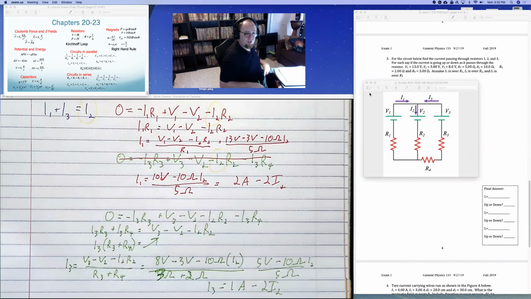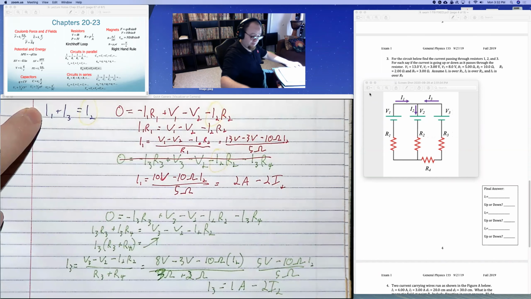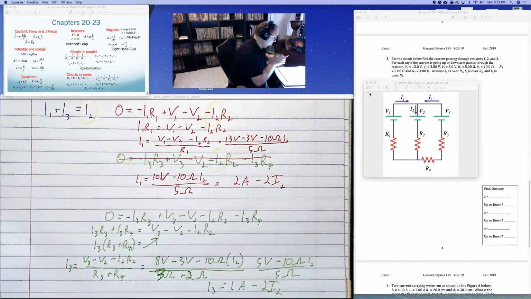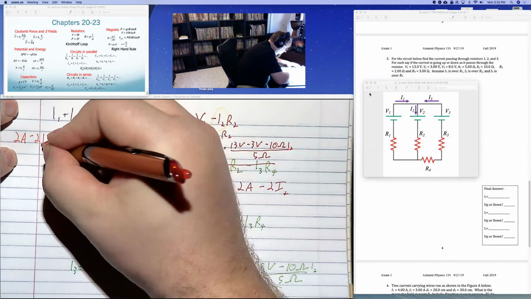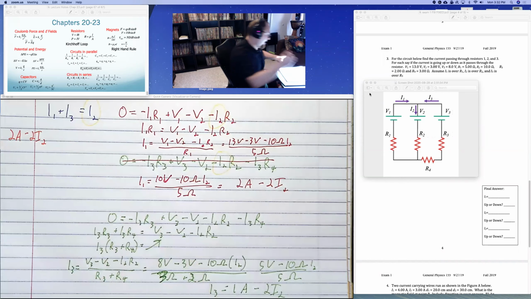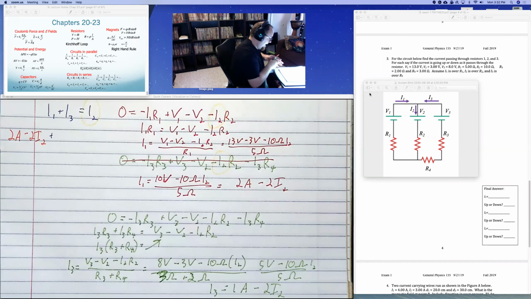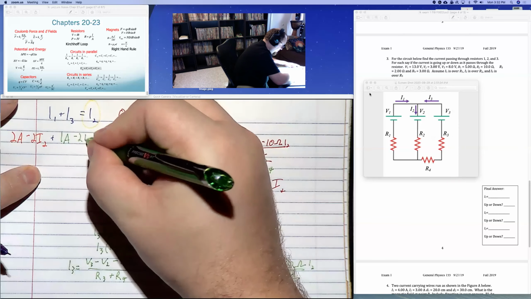What I'm now going to do is go back to this equation up here and plug in. I1 was 2 amps minus 2 I2. I3 was 1 amp minus 2 I2.